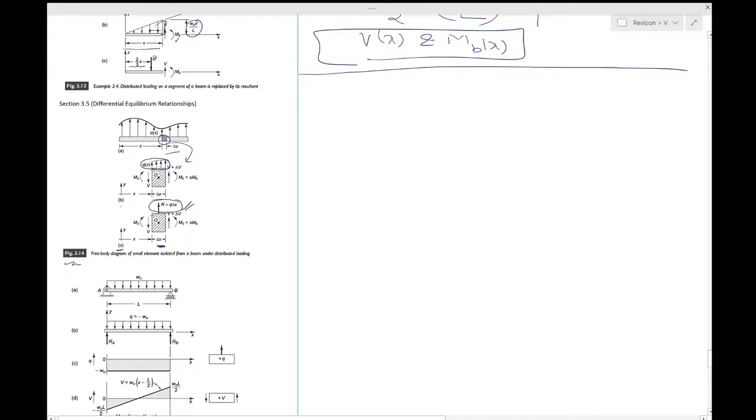And this idea comes in at many places, so it's not unique to this treatment which we are doing over here.